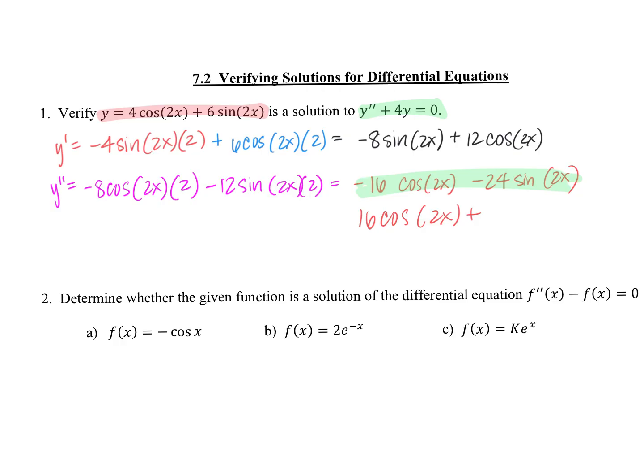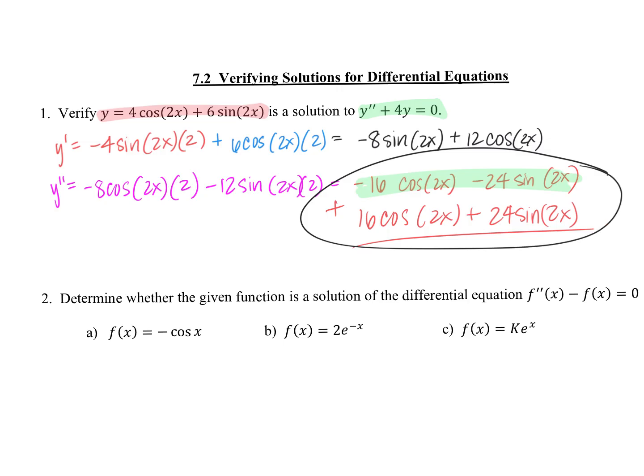And 4 times this guy? 24 sine of 2x. You guys, when I add these up, am I going to get 0? When I add these two, wouldn't everything cancel out? So you're like, yup, verified. They said verify it. I don't know if you remember doing any of this in pre-calc when we had to do like, oh, cosecant times sine equals tangent. Things like that. And you just had to verify. We just proved it. Okay.